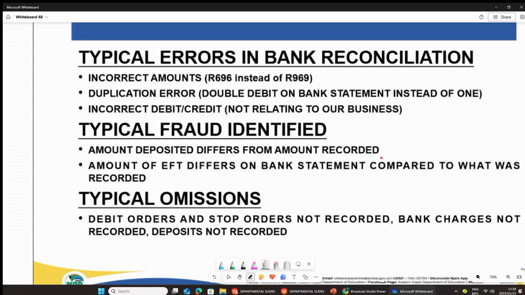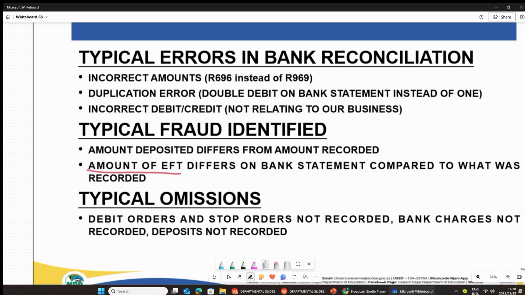Then when it comes to fraud, the typical fraud that is normally identified is, for example, the amount that was deposited in our bank account differs from the amount that we have recorded in our journal. For example, for the month, maybe we had a total of 30,000 Rand, but what was actually deposited was 20,000 Rand. And then we normally need to investigate what happened to the remaining 10,000 Rand that was not deposited.